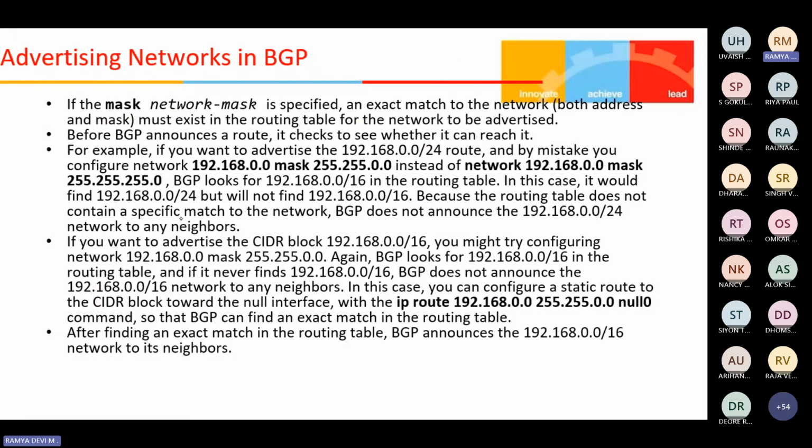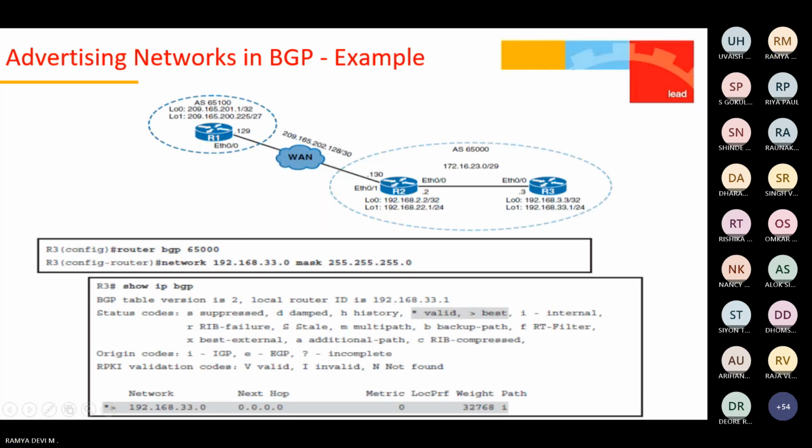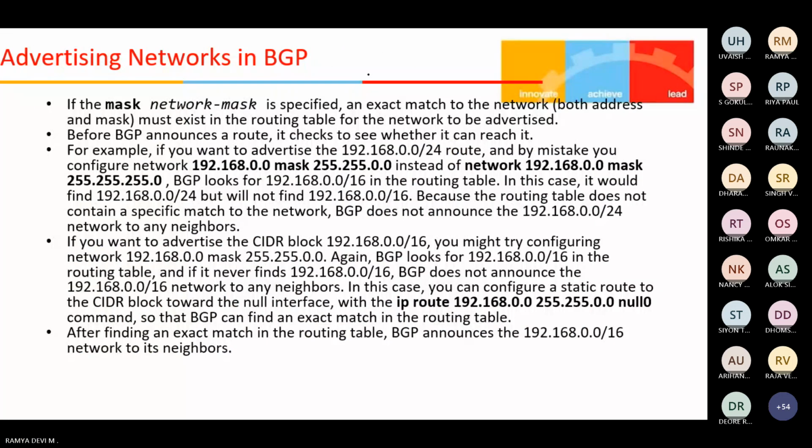Now we'll see the exact match requirement. When using the network command in BGP with a mask, the exact prefix, that is the address plus the subnet, should exist in the router's routing table.